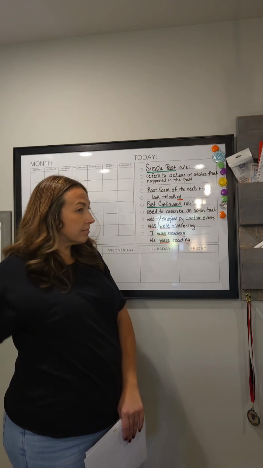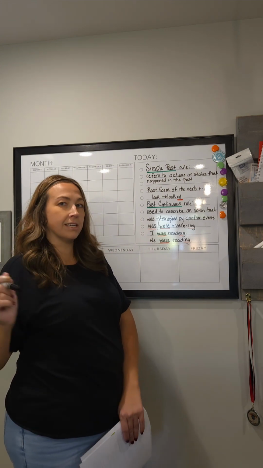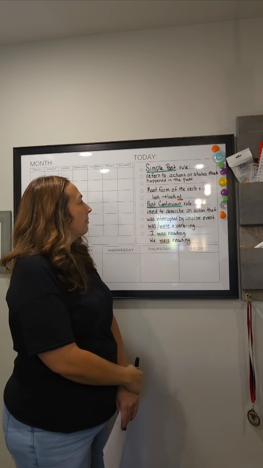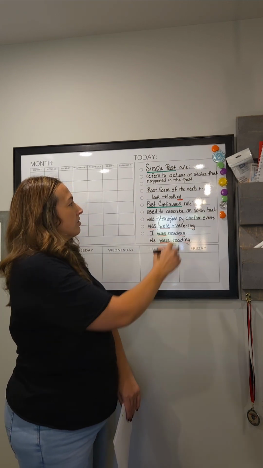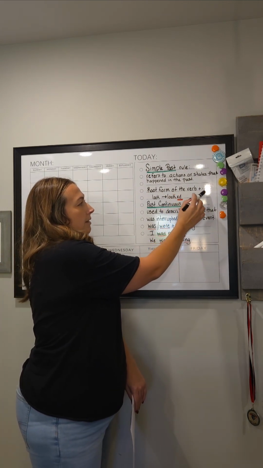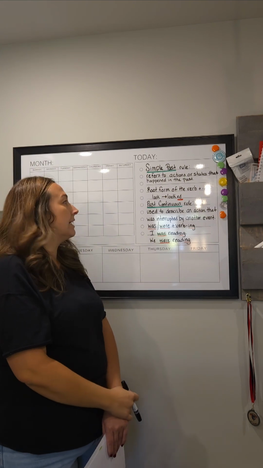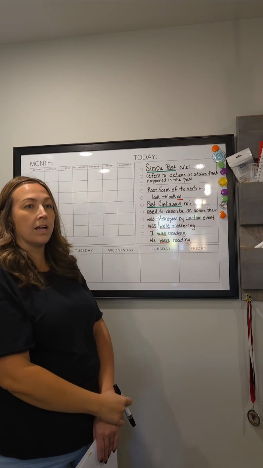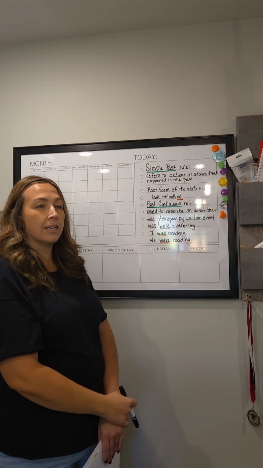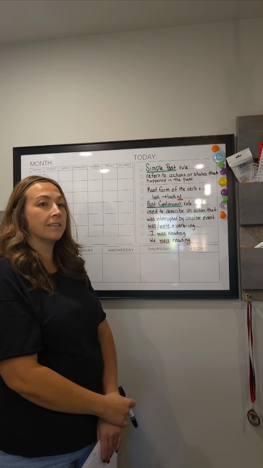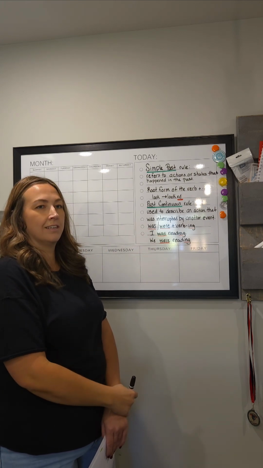So that's yesterday or 5 minutes ago. Remember, we are going to use a verb and then we're going to have the ed at the end. So look is now looked, tells me you looked in the past.